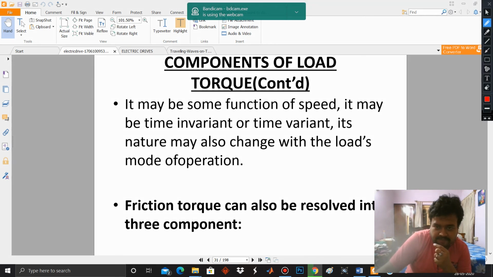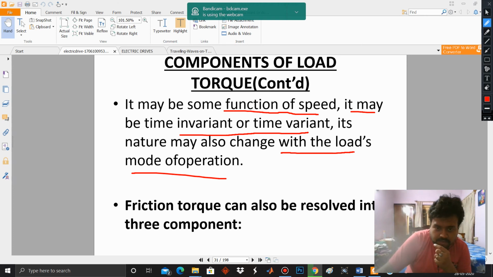It may be some function of speed, it may be time invariant or time variant. So its nature may also change with the load's mode of operation. So the load demand is also very important.